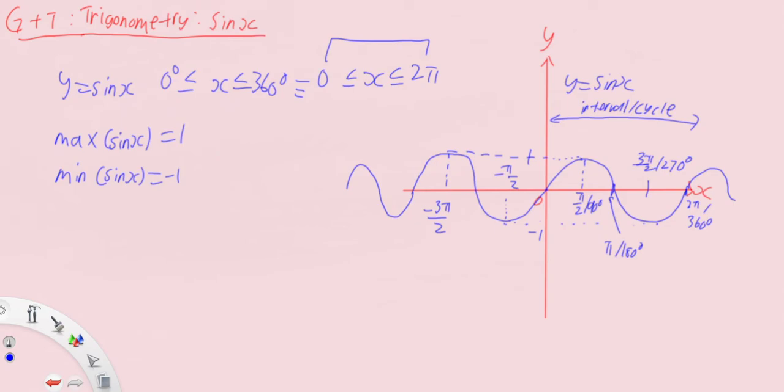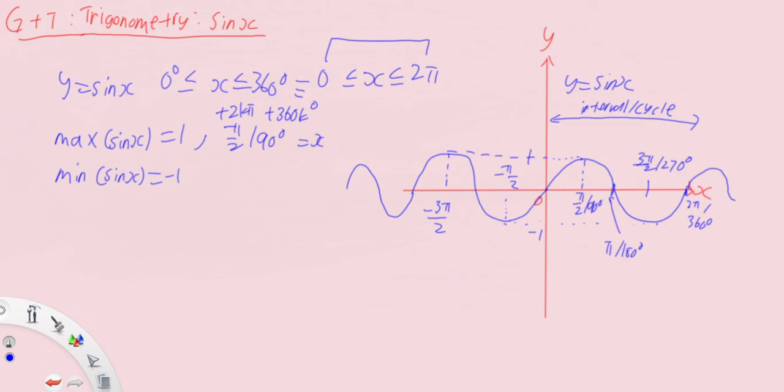As such, when we say that the maximum value of sine x equals 1 occurs at pi over 2, or at 90 degrees for x, it means that you can actually add 2k pi, which is k intervals away, or in degrees, plus 360 degrees times k, where again it's k intervals away.